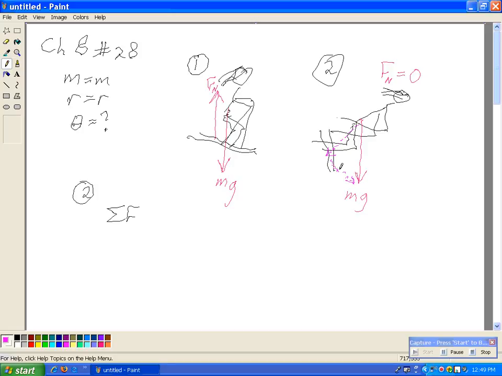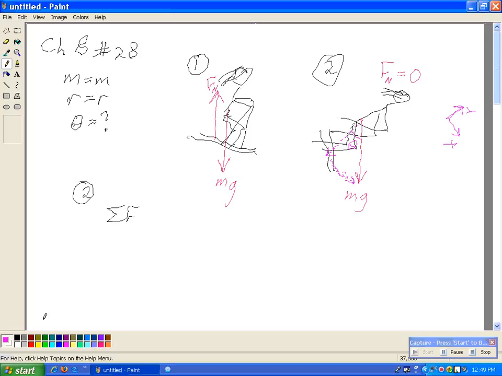There's my straight dashed line. And here's the angle. Okay. So you could say here's the y-axis and here's the x-axis.